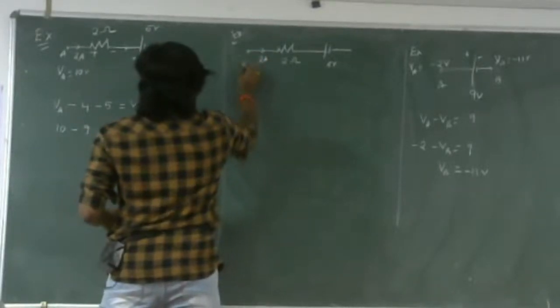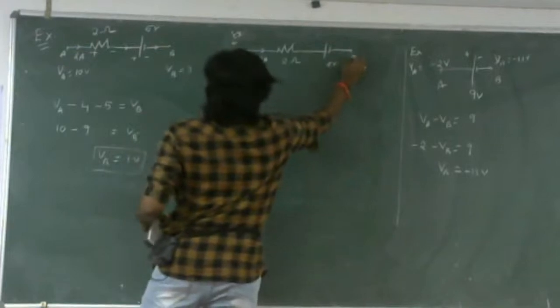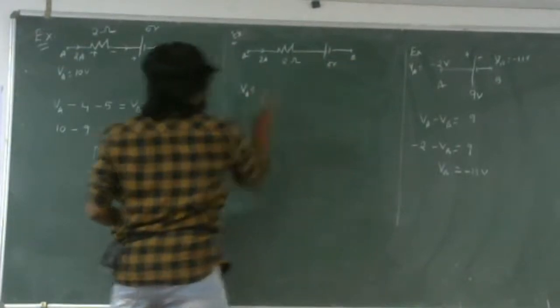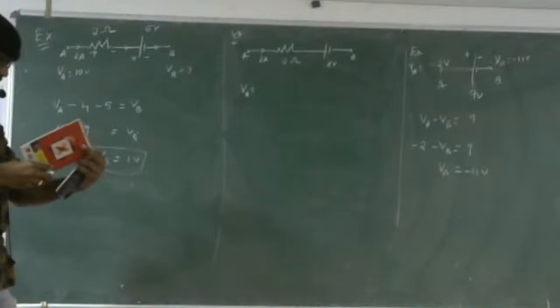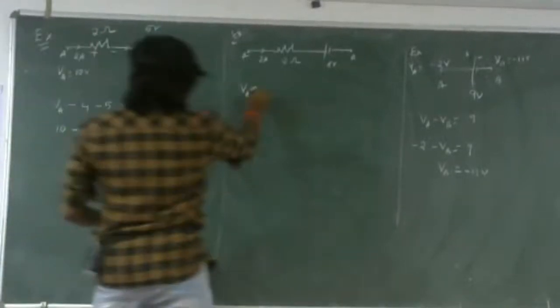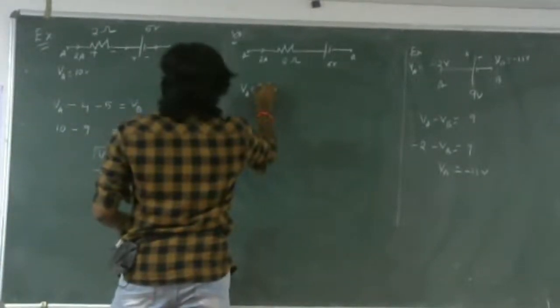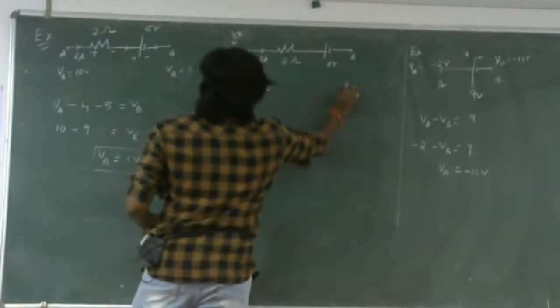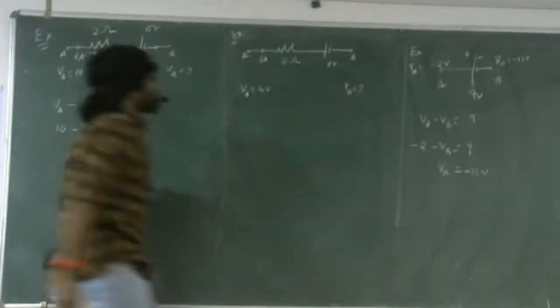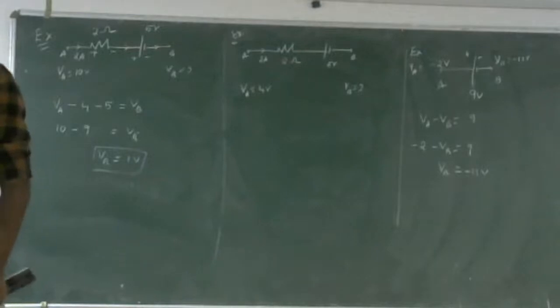This is A, this is B, but potential at A is 4 volts. Then potential at B is how much? Minus 5.